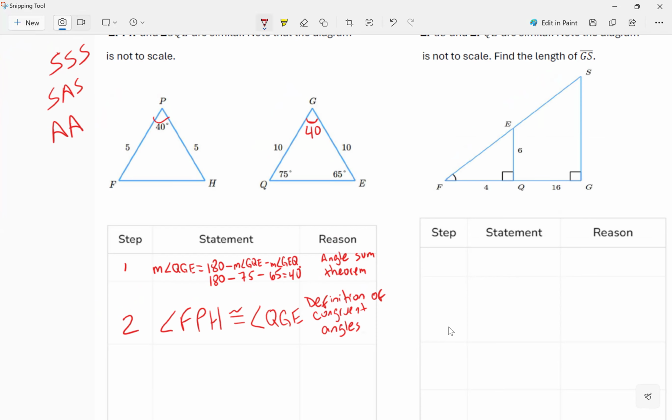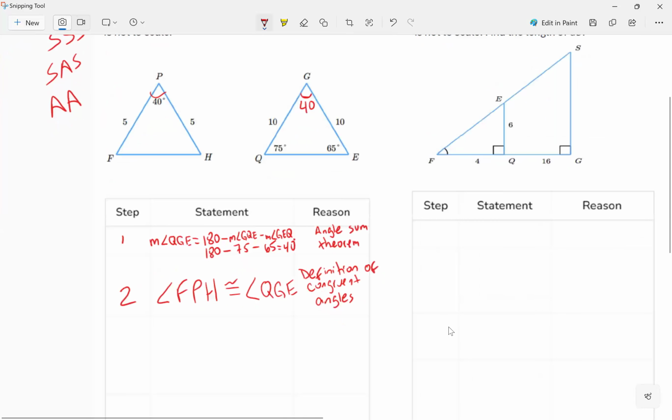Okay, so now I'm going to do something here. I see on the triangle on the side, I have 5 and 5. So I have two measurements. So my step number 3, I want to use those two sides. So PF and PH. I'm going to use those two sides. And then I see here on the left, I see 10 and 10.